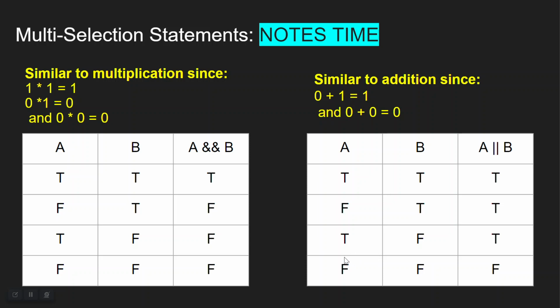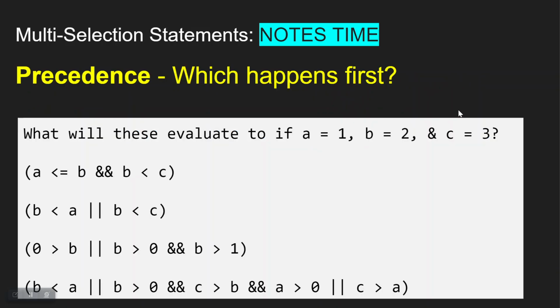And also false or false is going to give you false, similar to 0 plus 0 equals 0. And again, it's useful to associate an AND statement with multiplication and an OR statement with addition. You'll see why in just a second.